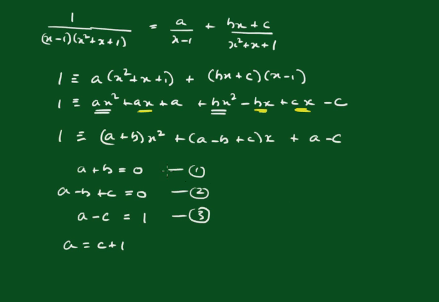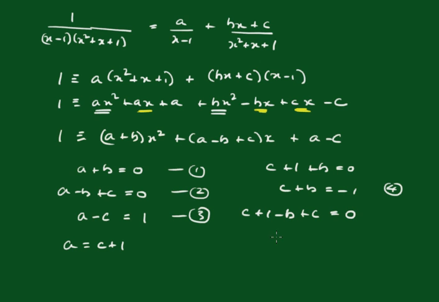So in number 1, we can write that as c plus 1 plus b equals 0, or c plus b equals minus 1. Call it equation 4. Put that one in here. I'm going to have c plus 1 minus b plus c equals 0.